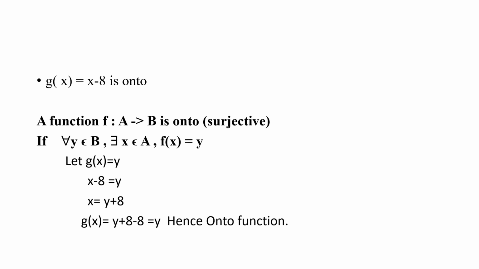Now the given equation g of x can be replaced with x minus 8 and x can be replaced with the value of x, y plus 8. Now you can rewrite g of x as y plus 8 minus 8. Plus 8 and minus 8 will get cancelled and you will be getting g of x equal to y. Hence, we can say that this is an onto function.